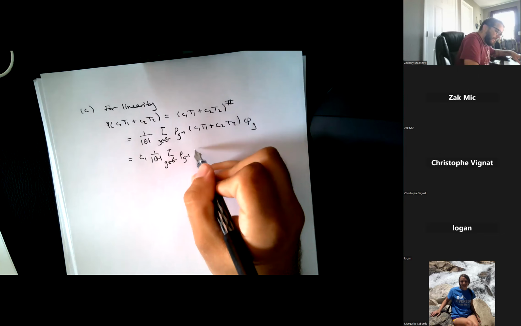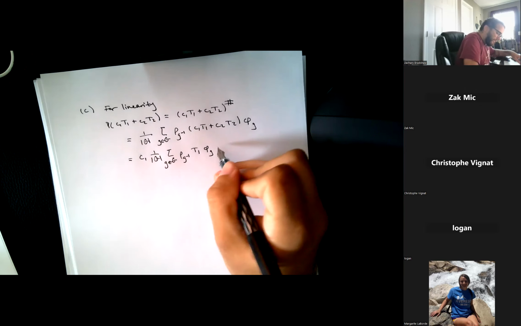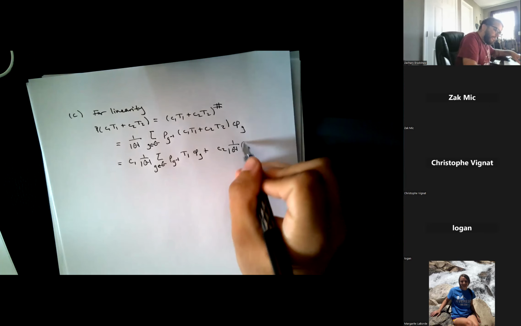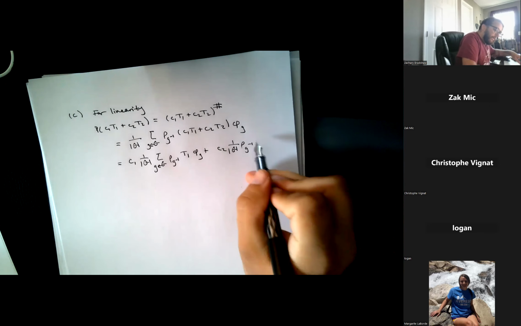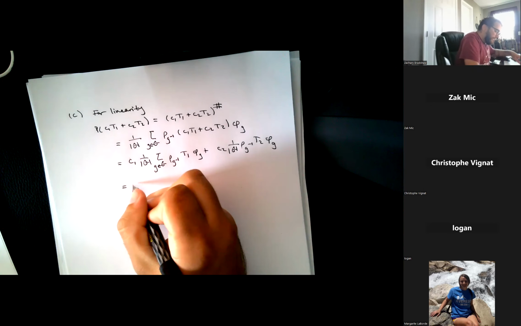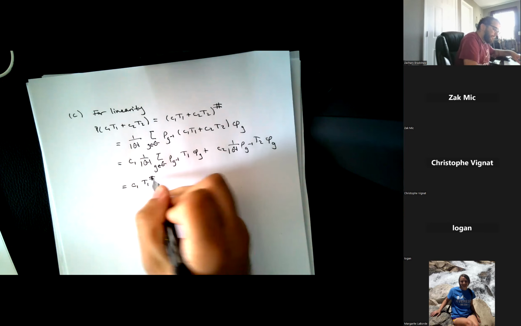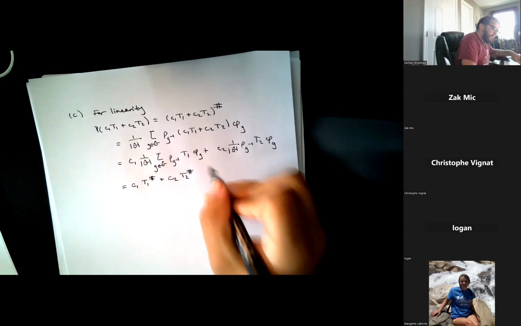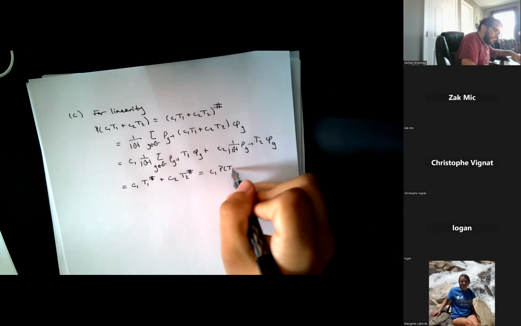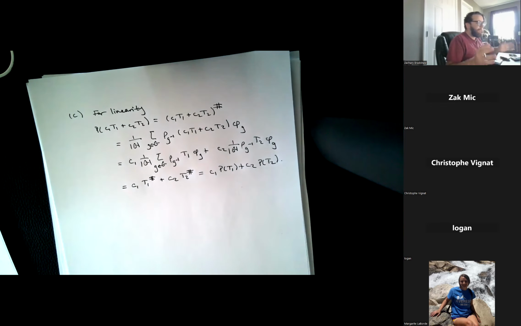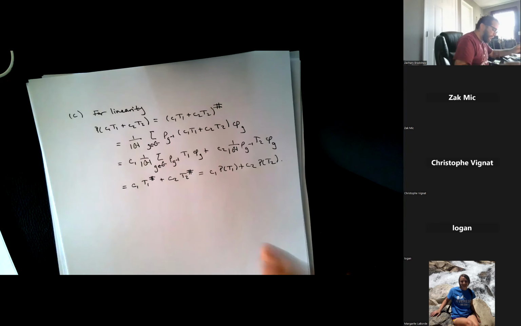C1 1 over order of G, rho G inverse T1 phi G, plus C2 1 over order of G, rho G inverse T2 phi G, and this is equal to C1 T1 sharp plus C2 T2 sharp, which is C1 P of T1 plus C2 P of T2. Okay, so that establishes the linearity of P, which is the twirl or this sharp map, however you want to call it.